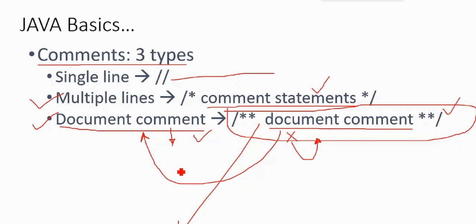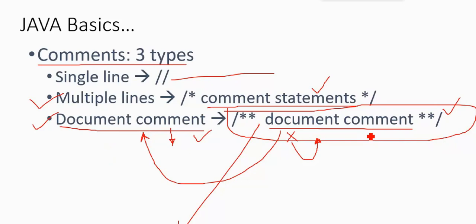Because this line is not for execution purposes. It's only for identification of the particular class, method or data member. So wherever you are creating something new, you have to add it. Say for example, I created a new class. What purpose has that class been created for?